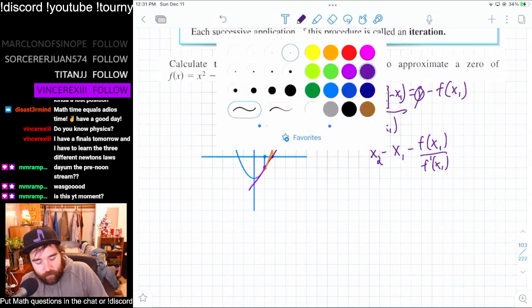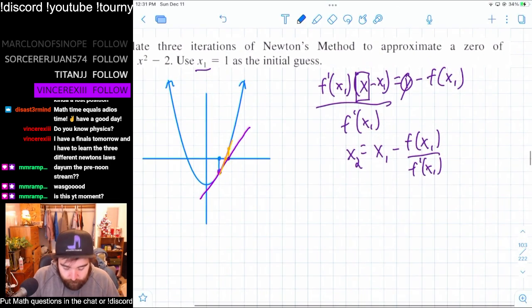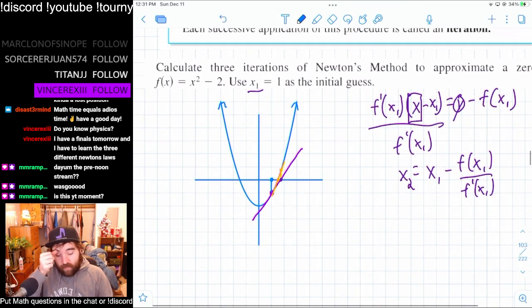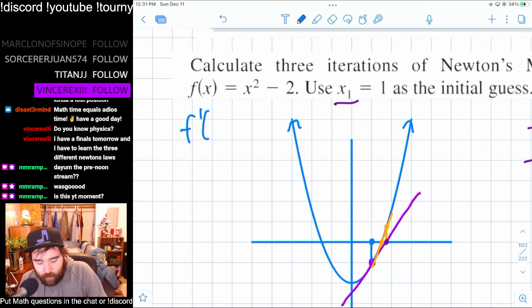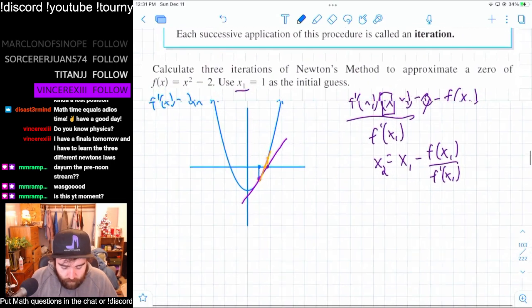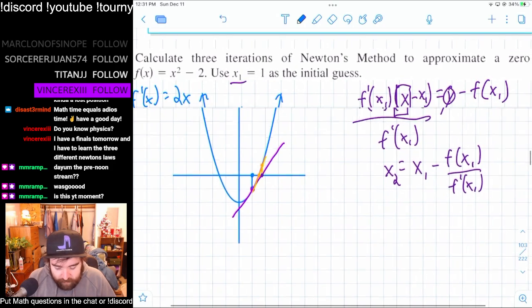They want us to do it 3 times. So this will be our first iteration. What is our x value? Well, I guess first we need f prime. So just take the derivative. f prime of x equals 2x. And now we want to run this equation.